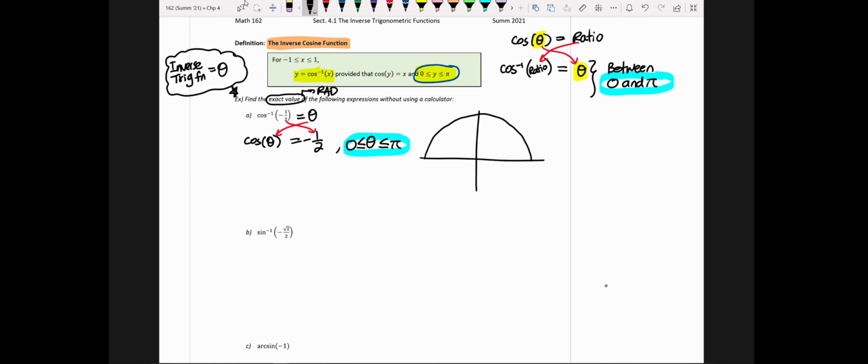Cosine is the x coordinate. So the x coordinate is -1/2 right there. And this angle is 120 degrees, but in radians, this is 2 pi over 3. So that means that in the restriction, the angle that satisfies this equation is going to be 2 pi over 3.